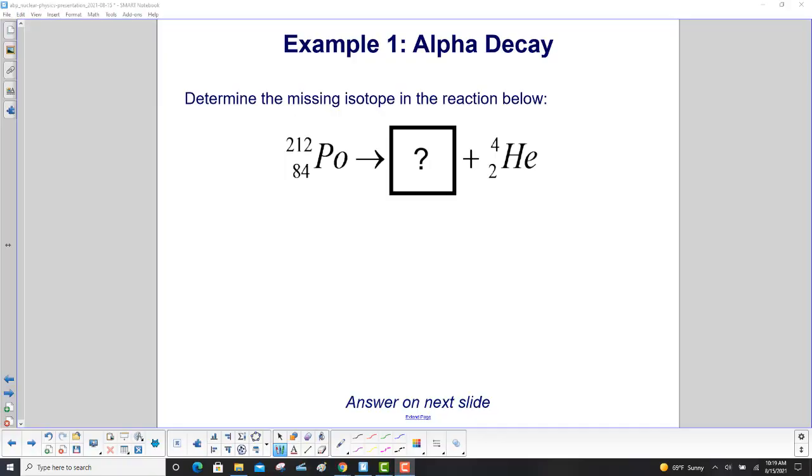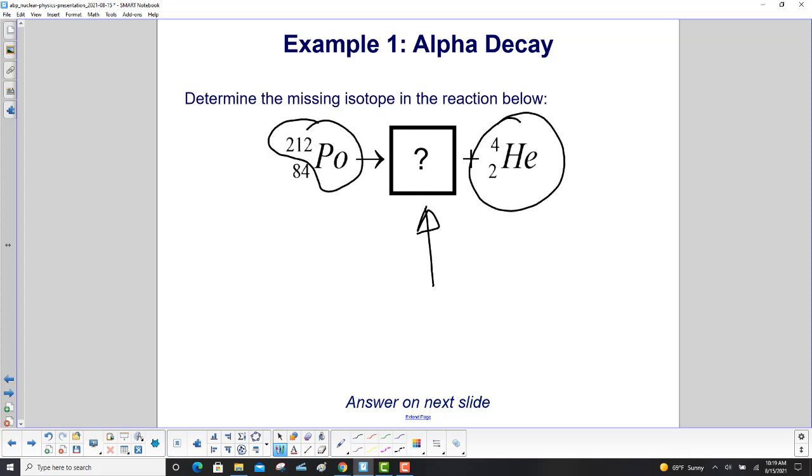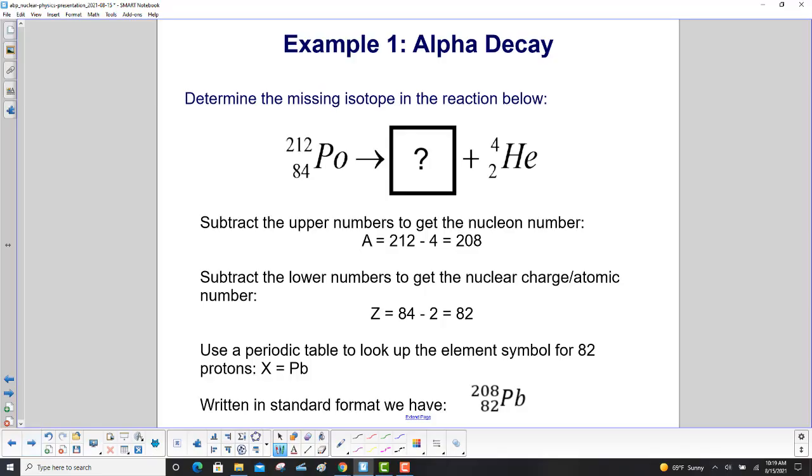Determine the missing isotope in the reaction below. We have polonium-212, and you have the missing isotope, and you have helium over here. Subtract the upper numbers to get the nucleon number, right? Because you have to have a conservation of nucleon number. 212 minus 4 is what? 208.